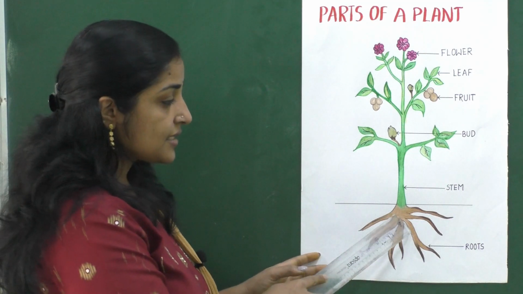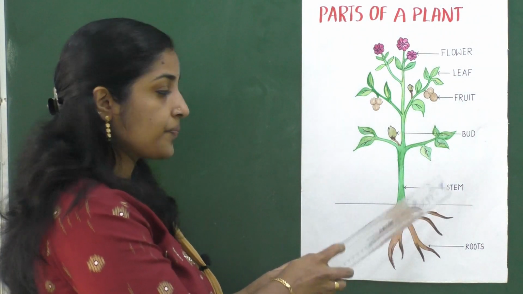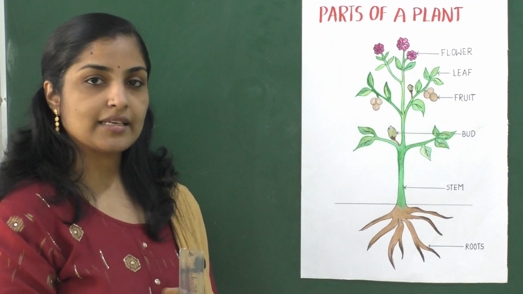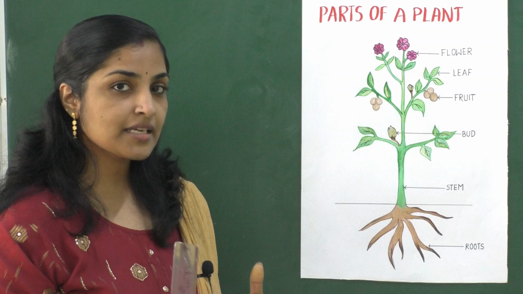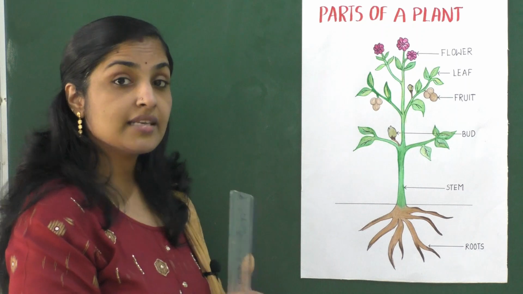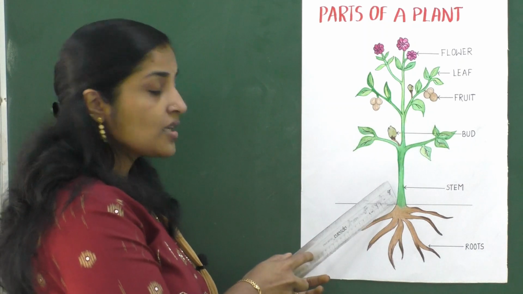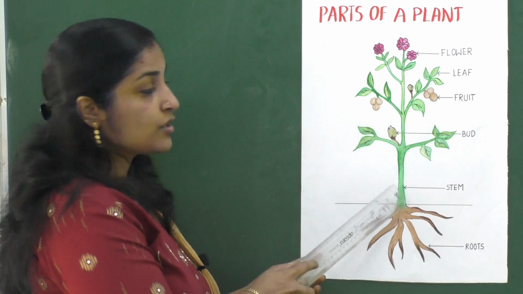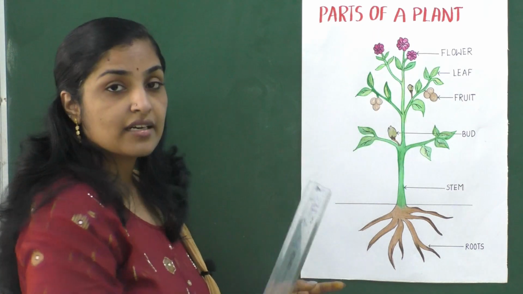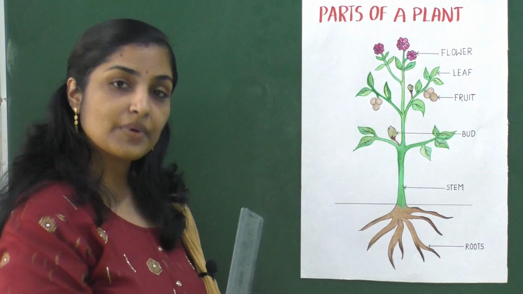The next one is stem. S-T-E-M, stem. The stem helps the plant to stand upright, just like we stand on our legs, right? And also, the stem carries water, minerals and food to all parts of the plant.